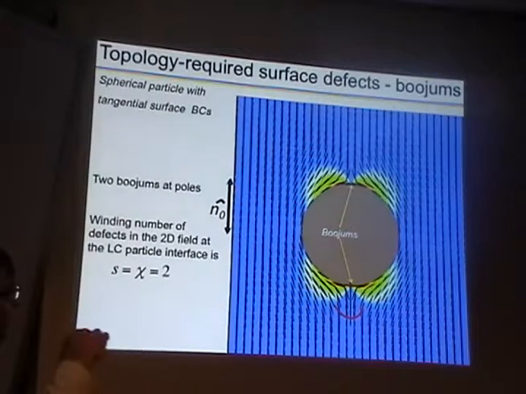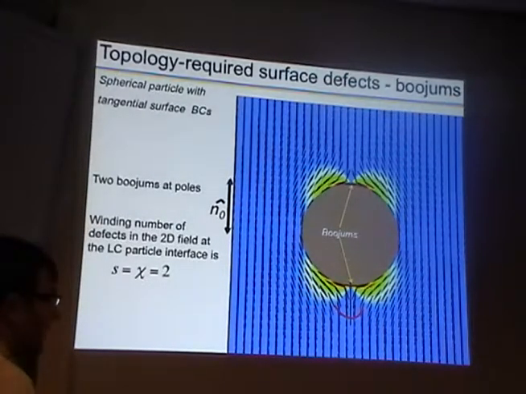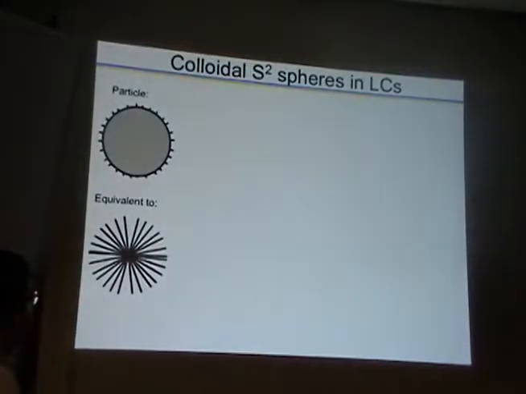As we look carefully at what winding numbers those two-dimensional defects have, we realize they are both +1, and so indeed the Euler characteristic of the sphere is 2, so that adds up to chi equal to 2.